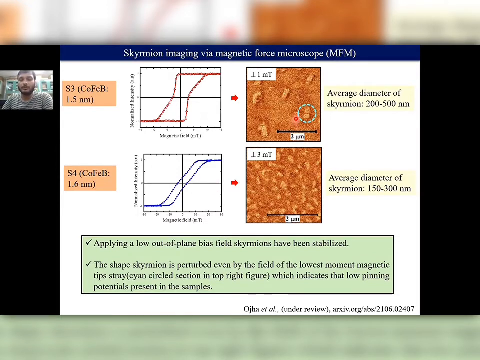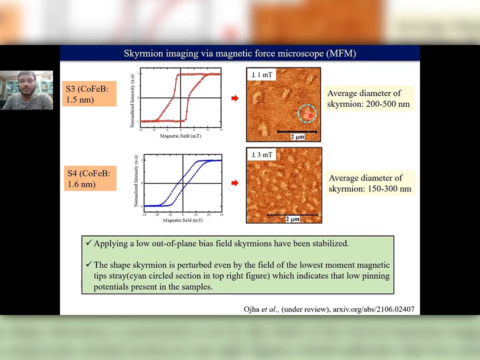While performing the MFM measurement, we saw that some of the skyrmions got saturated during the measurement. We performed the MFM measurement with a very low moment tip, as a very low moment tip has very low stray field.